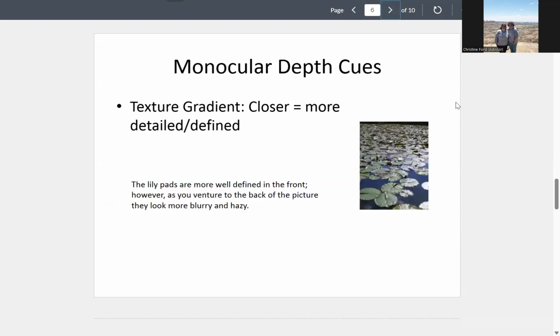The next monocular depth cue that we're going to talk about is called texture gradient. Texture gradient says that closer objects are more defined and detailed, and further away objects tend to be blurry and hazy.